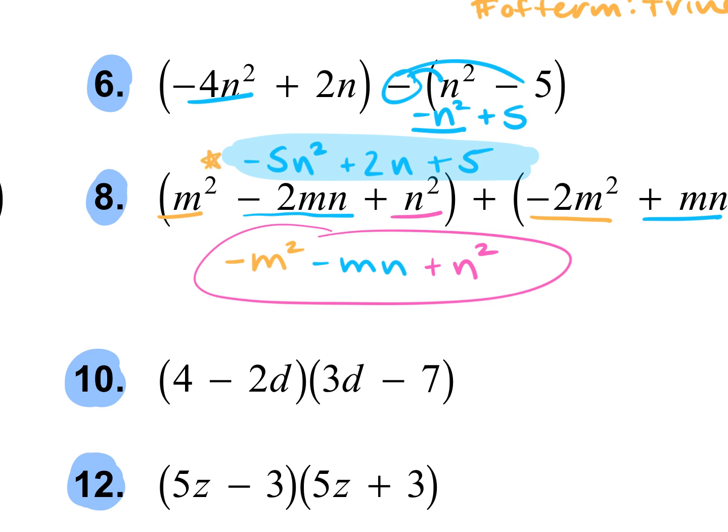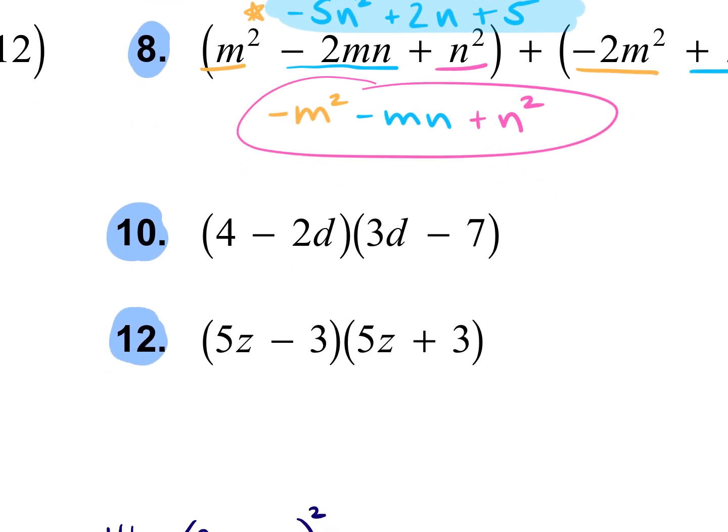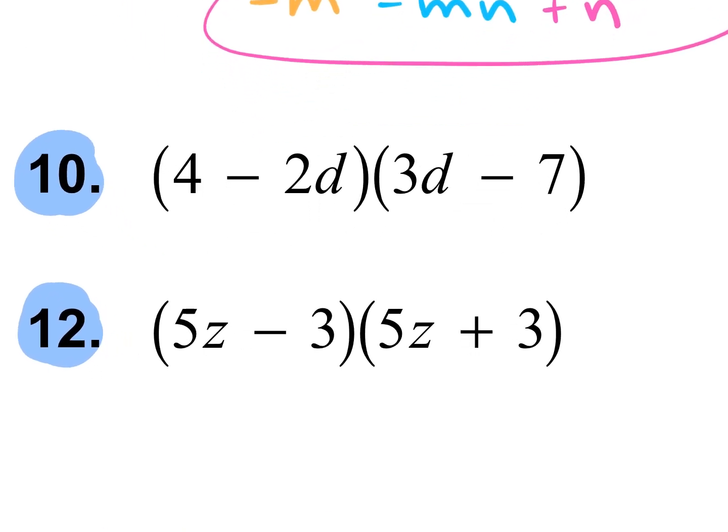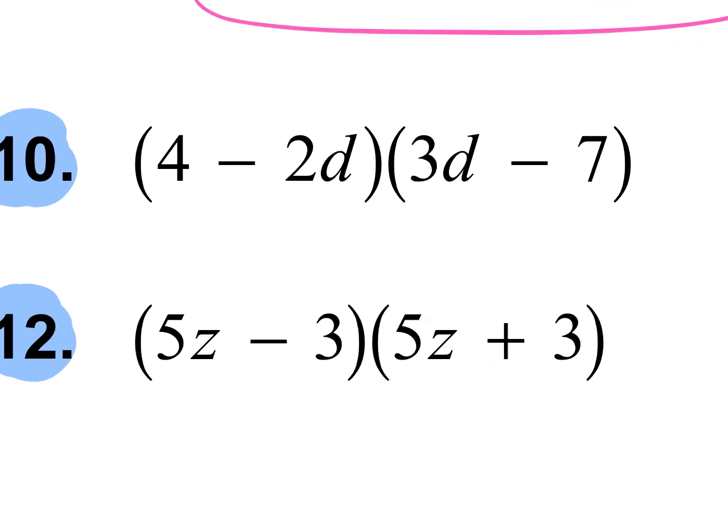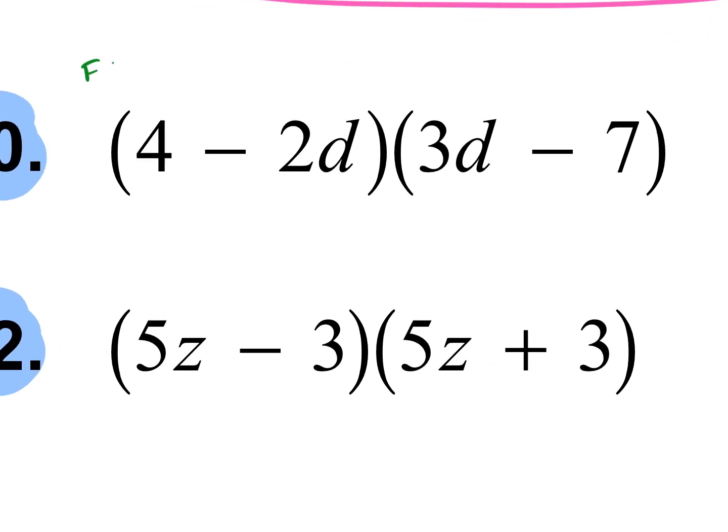All right, next let's do number 10. We are multiplying. It says find the product. How would we multiply? Foil. So we're going to FOIL. It means first, outer, inner, last. So 4 times 3d would be what? 12d.